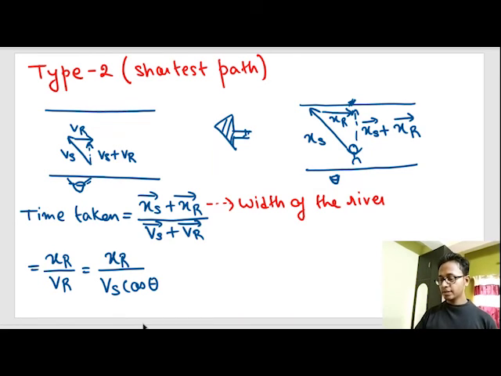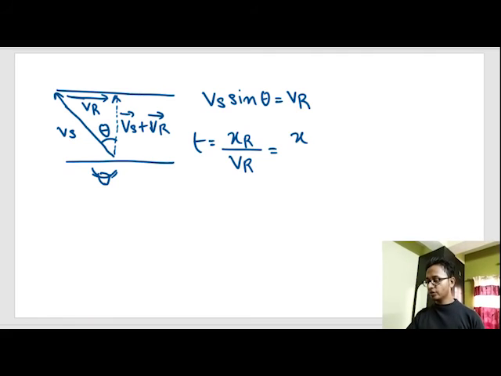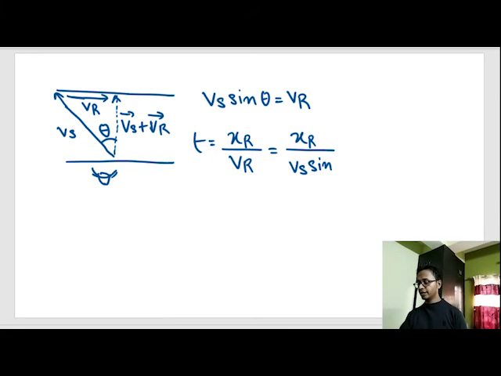So in the previous example, time taken was xr, the displacement of the river, by velocity of river, or the velocity of river can also be given by the velocity of swimmer in the horizontal component, Vs sin theta.